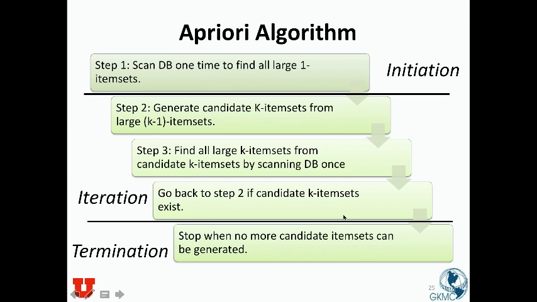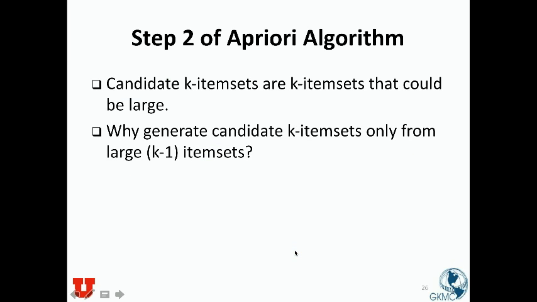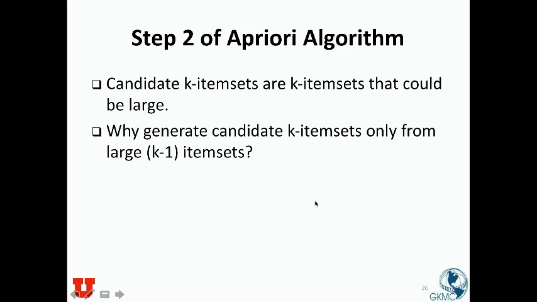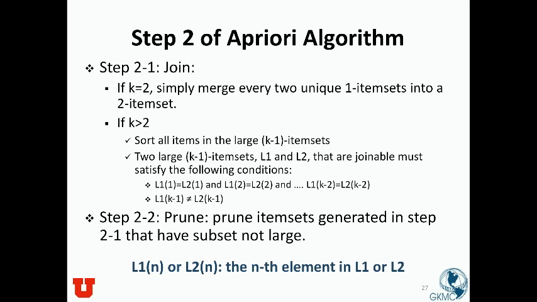And if there are no more large item sets, then we stop. So this is the loop and the main part, and we can go through the examples to see the efficiency, why we only increase the large item sets by one more item at a time.